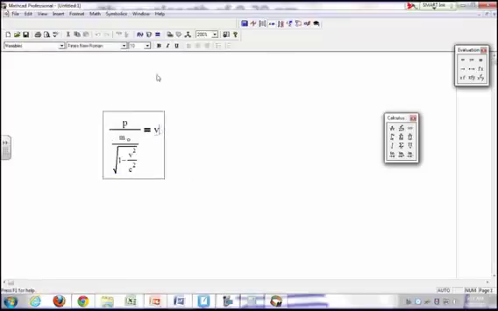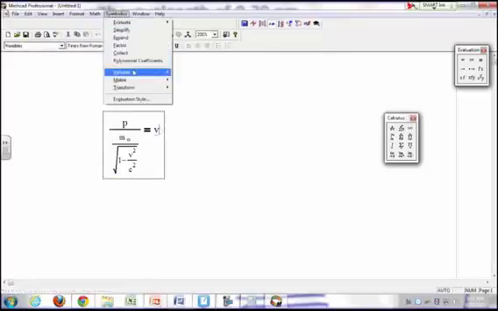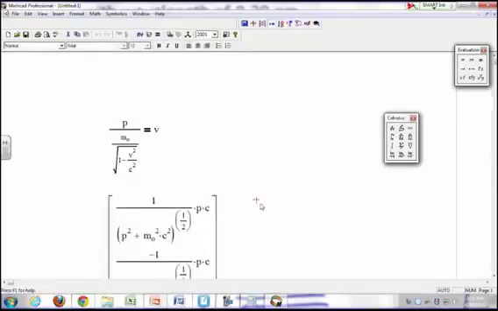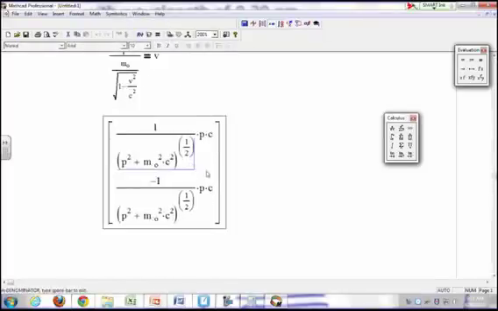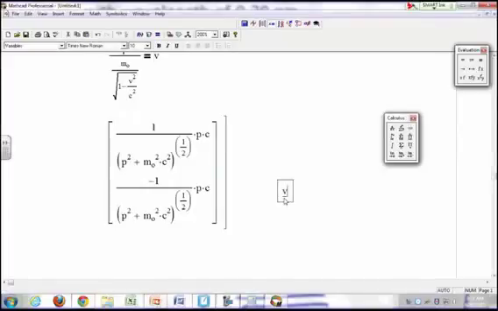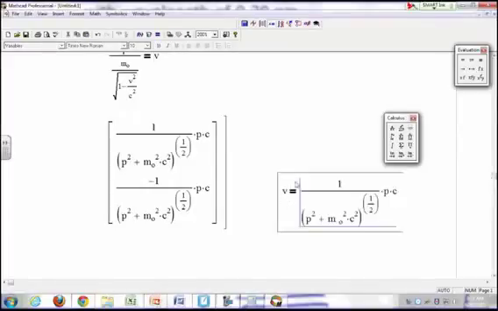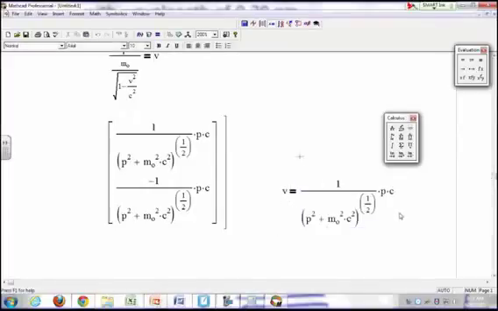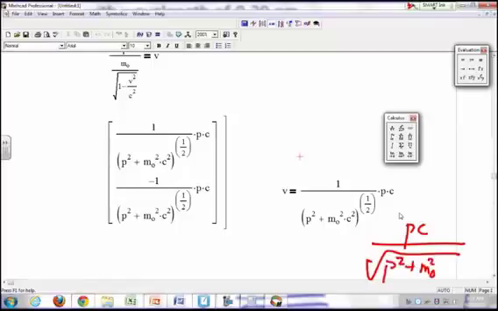And now what I can do is solve for v: symbolic, variable, solve. And there's your expression for v. Okay? So you can say v equals that. Right, so that's going to be pc over the square root of p squared plus m naught squared c squared.